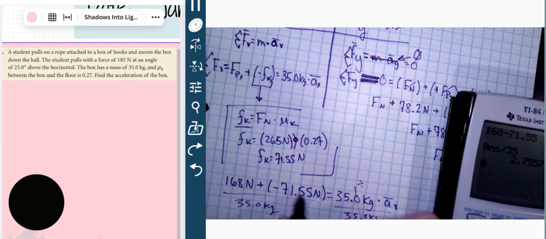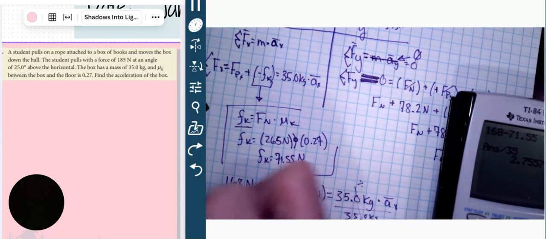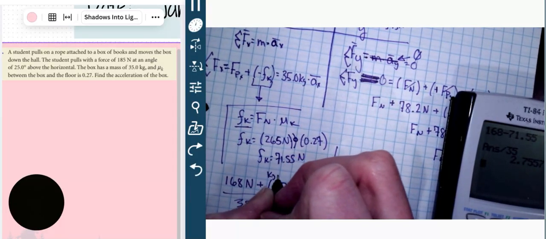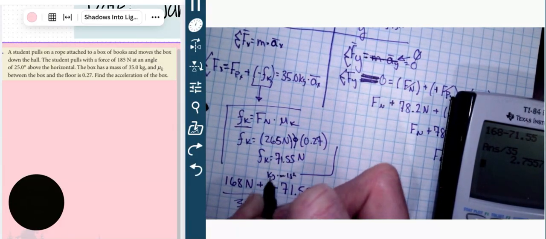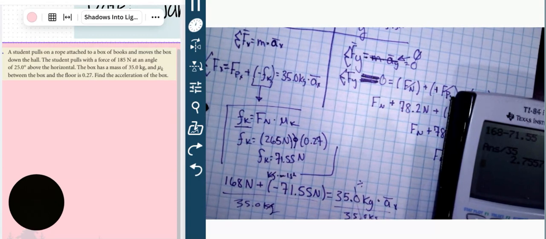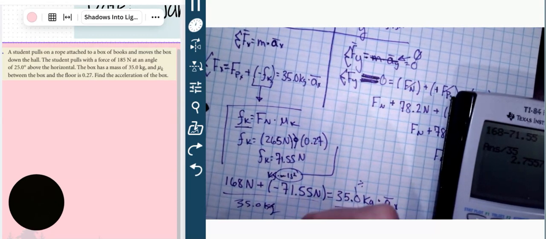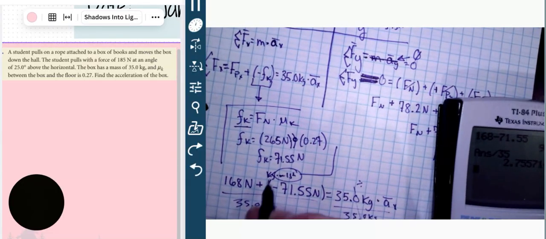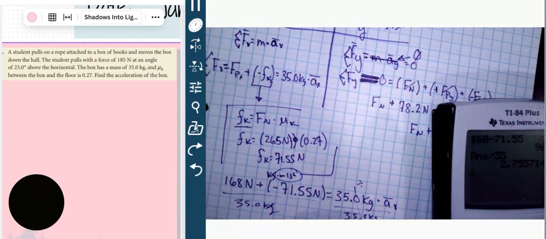So when you took this minus this, your unit became newtons, but remember newtons is kilograms times meters per second squared. So when you divide that by mass, your unit comes out to be meters per second squared. So my acceleration is equal to, my calculator says 2.75 yada yada, so 2.75. Those are 3 sig figs.